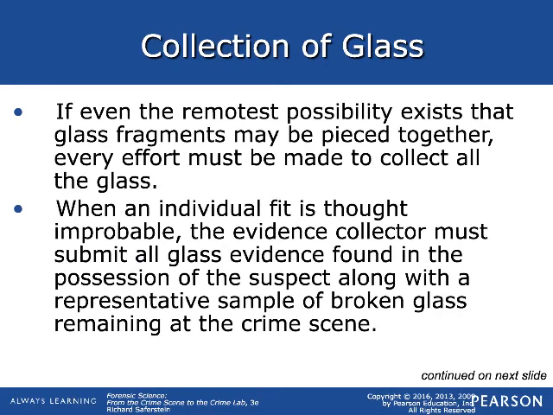Okay, now to collect glass. If there is a possibility that the glass fragments could be put together, then you have to try to collect all the glass. When an individual fit is thought improbable, the evidence collector must submit all of the glass evidence found in the possession of the suspect, along with a sample of the broken glass that might be at the scene.